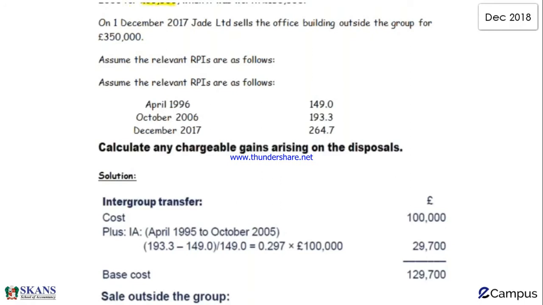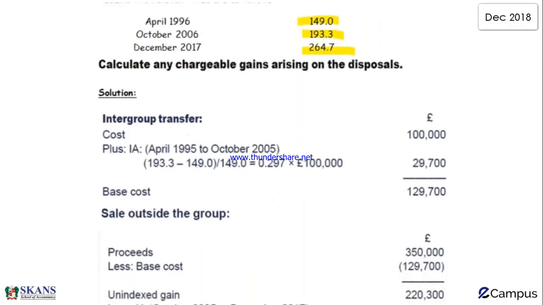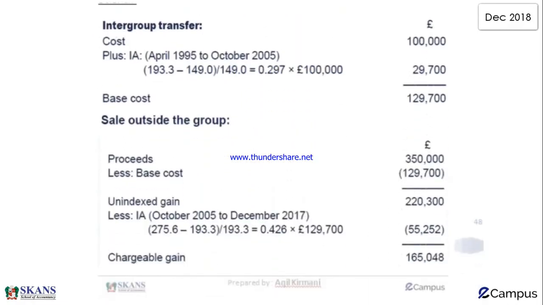For 90,000, well, we are not going to use these actual proceeds because we would be transferring this asset at indexed cost from Green to Jade Limited. When it was worth 180,000, on 1st December 17, Jade Limited sells the office building outside the group for 350,000, and these are the relevant RPIs. So spend a good 5 minutes on it and try to notice how the transaction is to be dealt with if this comes into your exams.